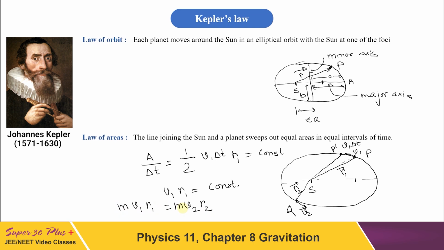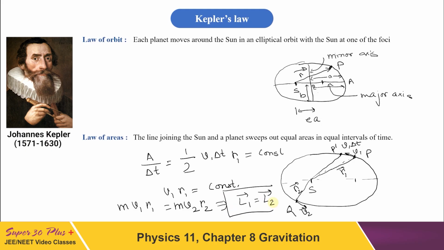So the second law of Kepler is derived with the help of angular momentum conservation, which states that since there is no external torque acting on the Sun-planet system, the angular momentum of the planet has to be conserved, and we can write m v1 r1 equals m v2 r2. It can be written in vectorial form as well: L1 equals L2.